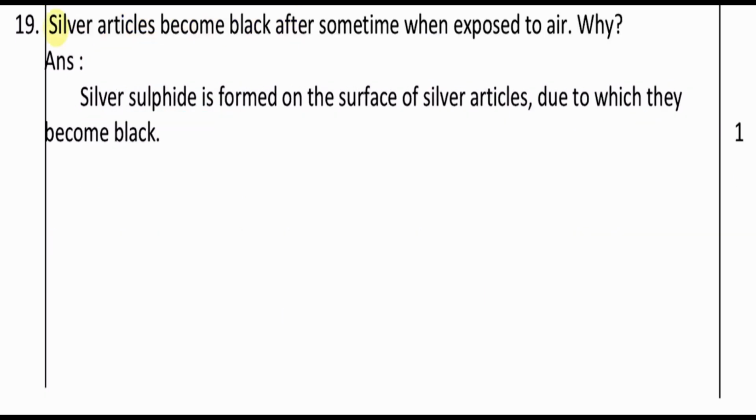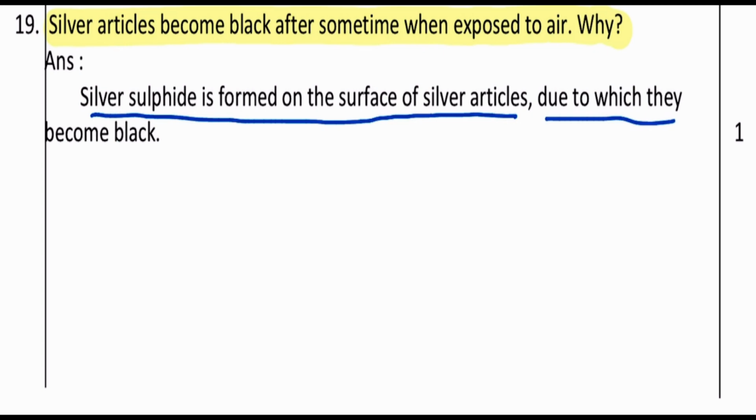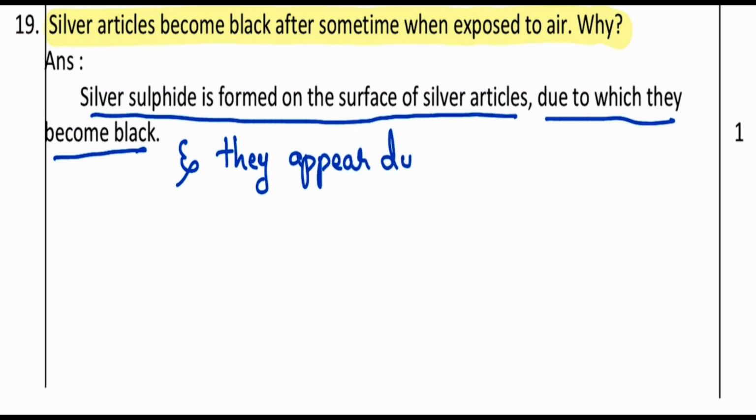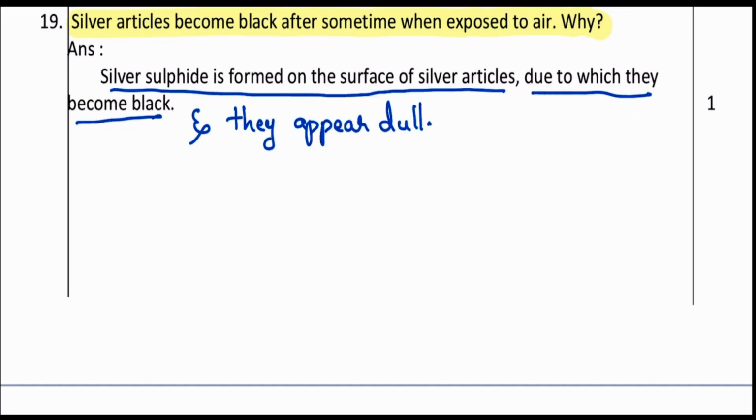Next question. Silver articles become black after some time when exposed to air. Why? Answer is silver sulfide is formed on the surface of silver articles, due to which they become black and appear dull. Okay, next question.